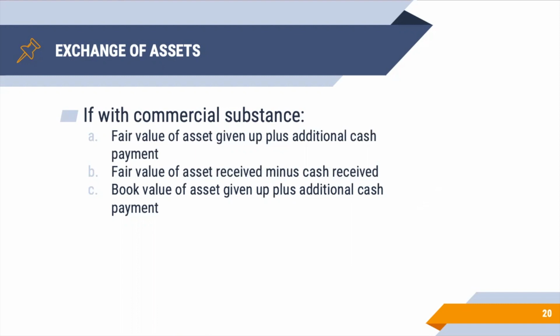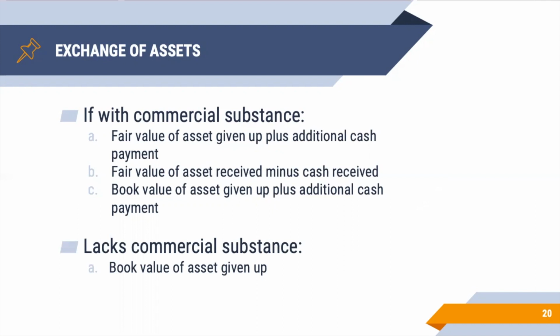Walang commercial substance yon. Pero if for example, I exchanged my iPhone 6 for your iPhone 8, then there is commercial substance. So what if, sir, walang commercial substance? If walang commercial substance, then the value to use is the book value of asset given up.